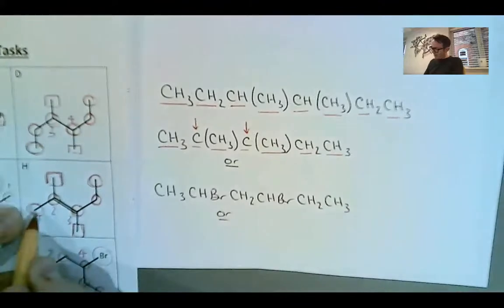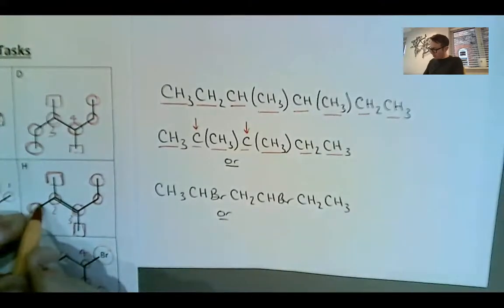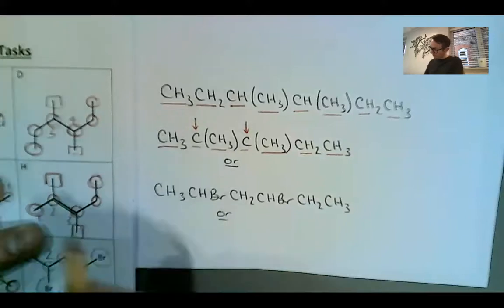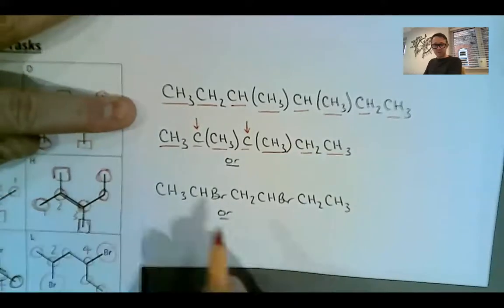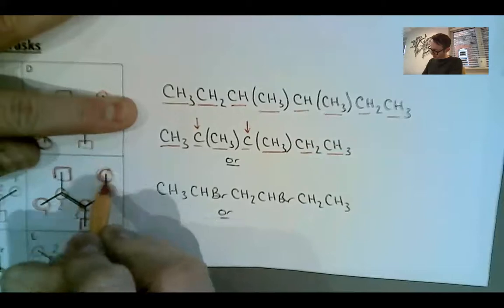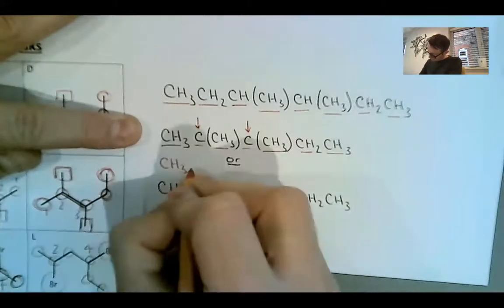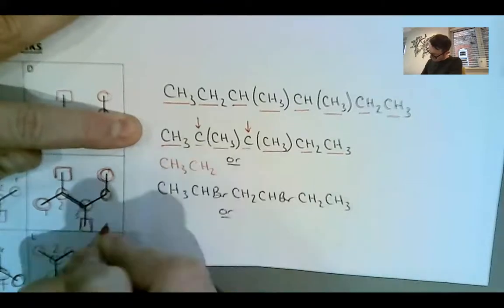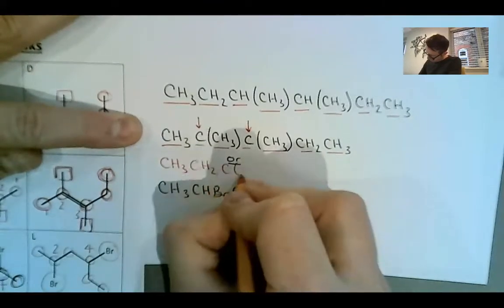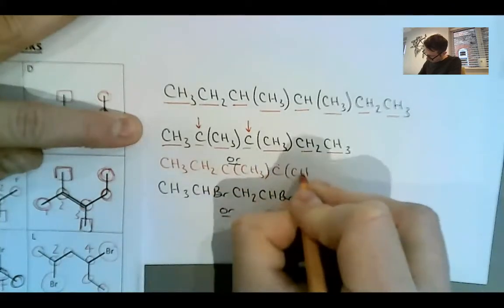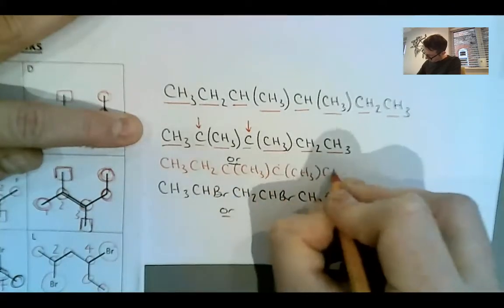Now, I've started off at one end of the longest carbon chain and gone to the other end, but an equally acceptable answer would be doing the same in reverse. So if I started off with this one, I could say CH3, followed by CH2, followed by CH3.